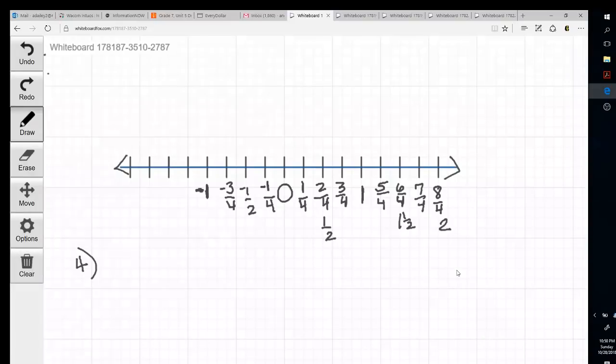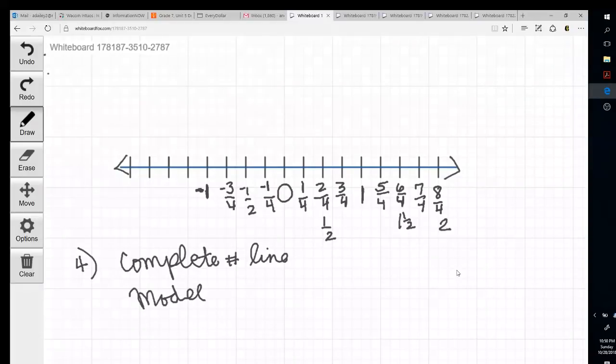You have 4 more tick marks over here for you to complete. So finish completing the number line. And then model 1/2 plus negative 3/4 using arrows.